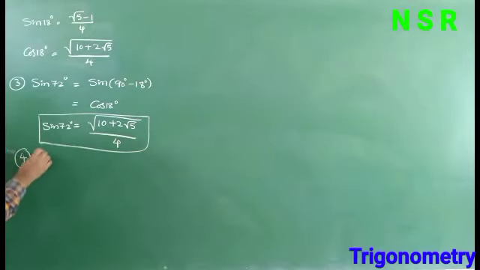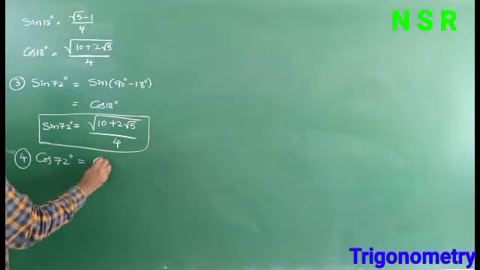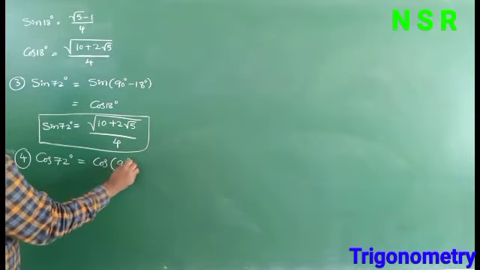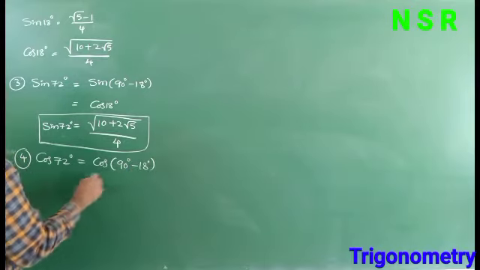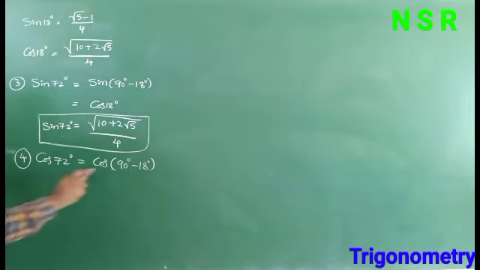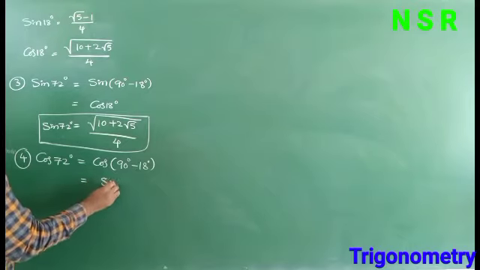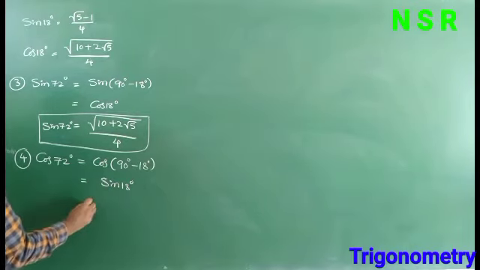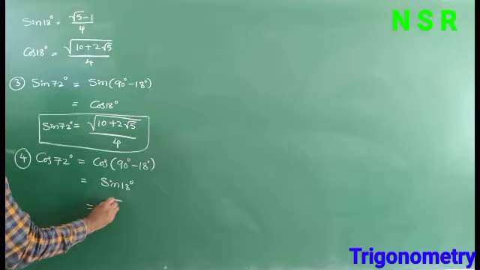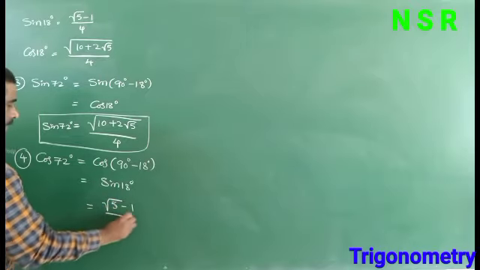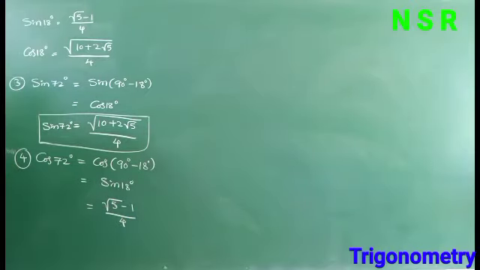Similarly cos 72. So cos 72 we can write as cos of 90 minus 18, which is 72. So cos of 90 minus theta is sin theta, that is sin 18. So sin 18 value is root 5 minus 1 by 4.